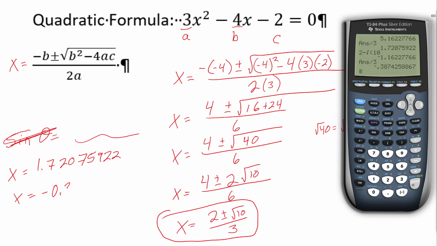Negative 0.3874258867. So let's do some examples that actually use this quadratic toolkit within some of our trigonometric equations.